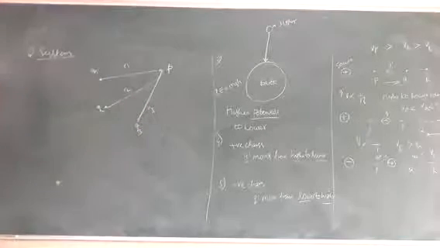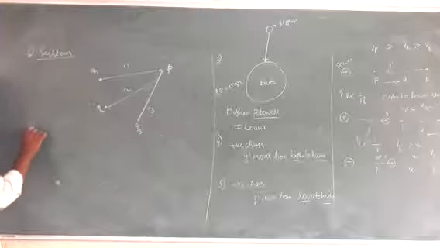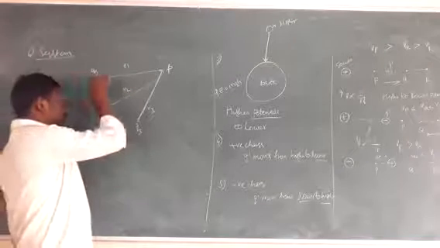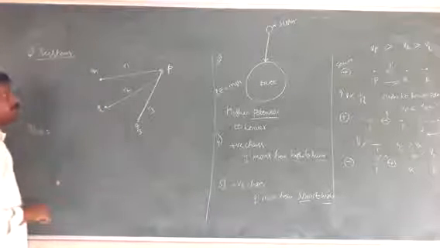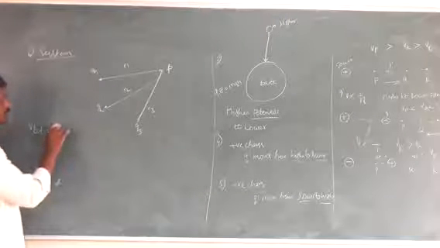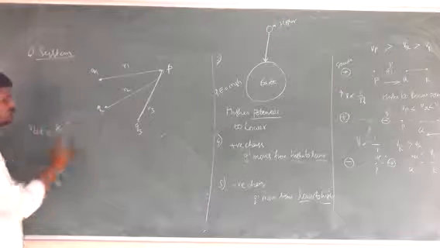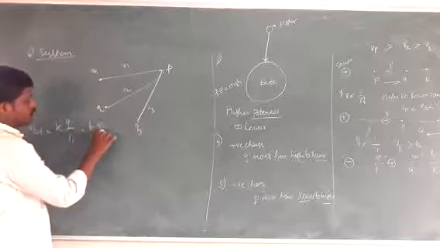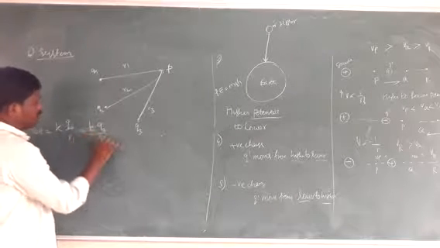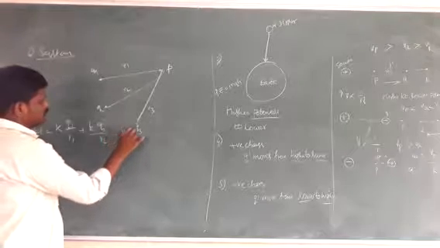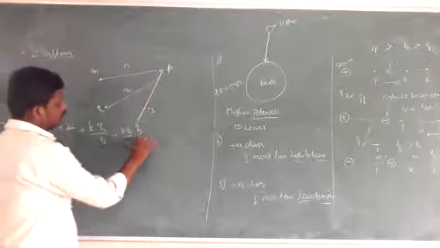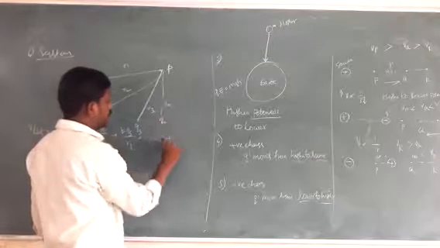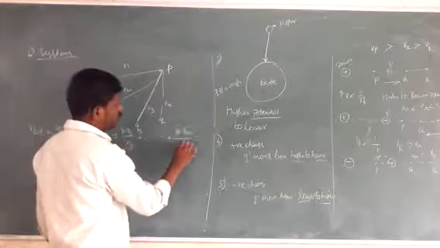What is the total potential at the point P? V total is simply the sum of the potentials due to the individual charges Q1, Q2, Q3. So with K equal to 1 by 4 pi epsilon naught, K Q1 by R1 plus K Q2 by R2 plus K Q3 by R3, up to N charges, plus K Qn by Rn.